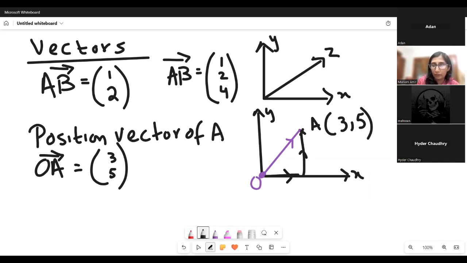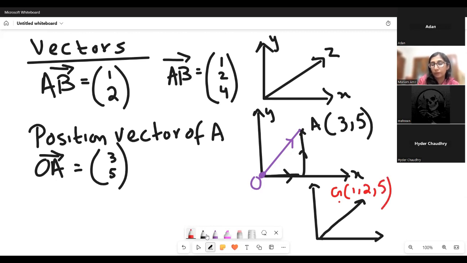Now you'll have a 3-dimensional plane. And on the 3-dimensional plane, let's say you have a point G, which has coordinates 1, 2, and 5. So the position vector of G would be OG, and in column vector terms, it would be (1, 2, 5).